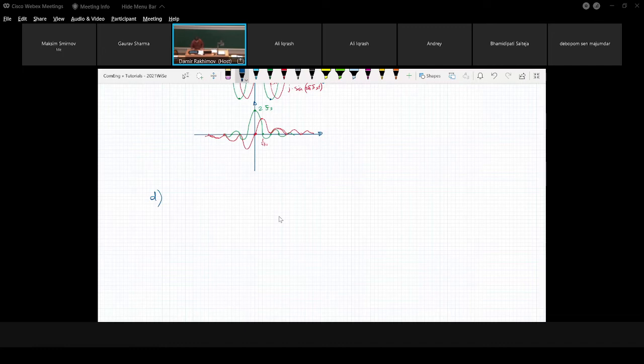Okay, and now we need to find L2 of t. And how can we find it?